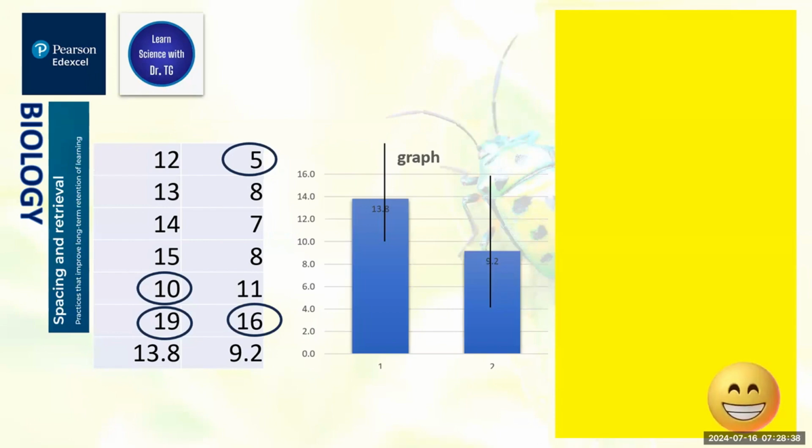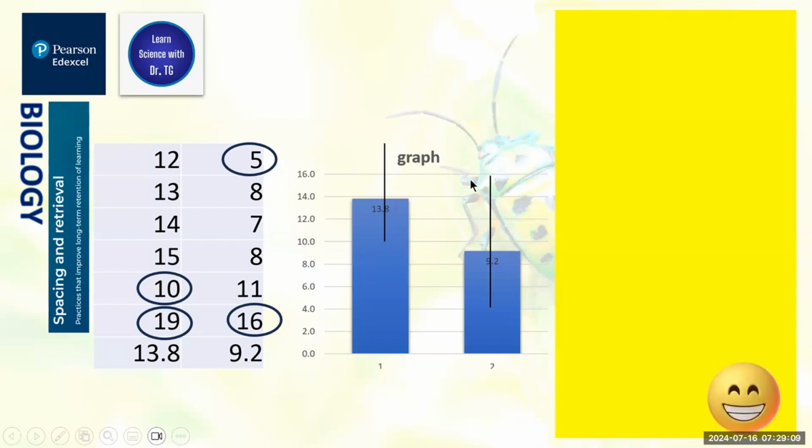The error bar is, as I mentioned before, about the repeated measurements and how close they are to the true value. The true value is very close to 13.8 because it is a mean value. So we assume the mean value is close to the true value, and our other values range from 10 to 19. That means accuracy is also shown in these error bars. If the line is shorter, our measured values are accurate.